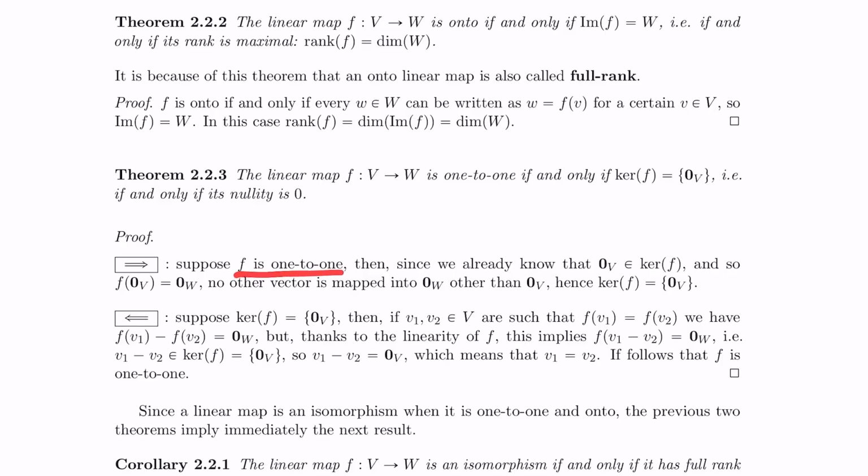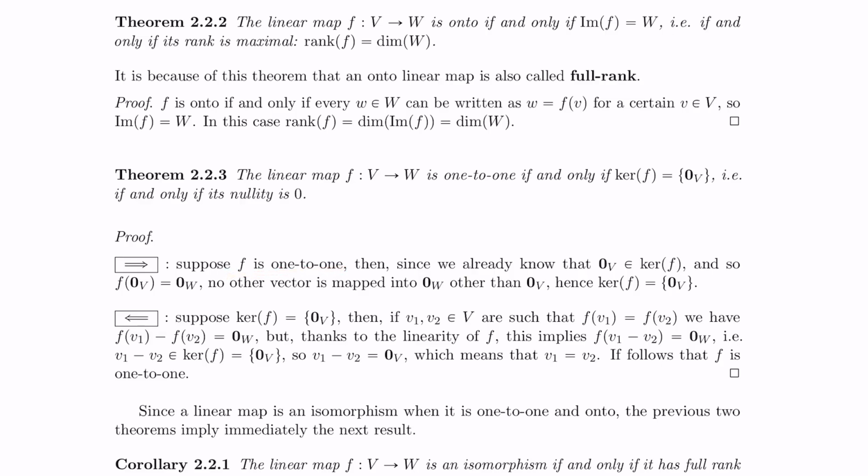Suppose that f is one-to-one; we have to prove that this implies that the kernel is reduced to the only null vector. We have already noticed that the null vector of V belongs to the kernel of f, which means that f applied to the null vector of V gives rise to the null vector of W. But since we are supposing that f is one-to-one, by definition, no other vector of V can be mapped to the null vector of W, otherwise f would not be one-to-one.